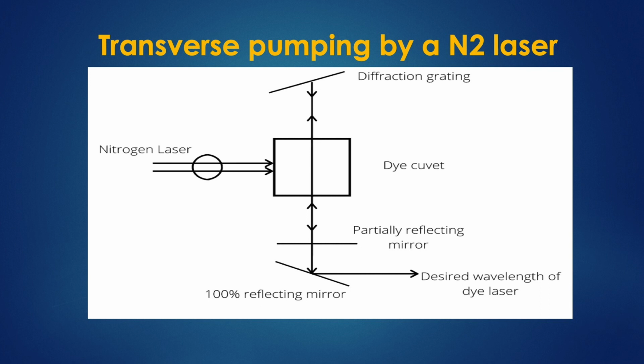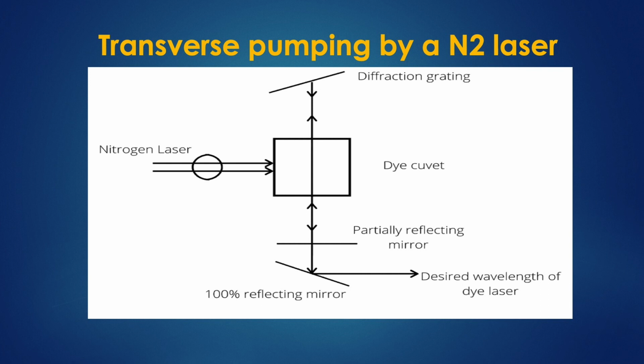Then again the same story: the population inverted 1 centimeter length will start with spontaneous emission and stimulated emission, which will go to the reflectors. In this case, you have a diffraction grating on one side and another 100% reflecting mirror on the other side. In between, you have a partially reflecting mirror. Why we have all this, I can explain in a minute.